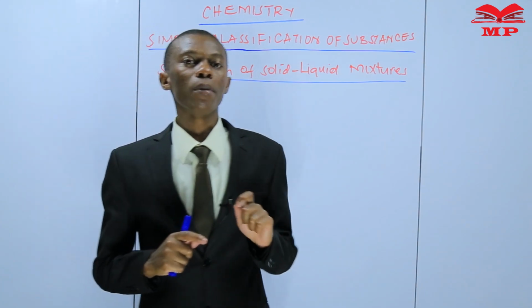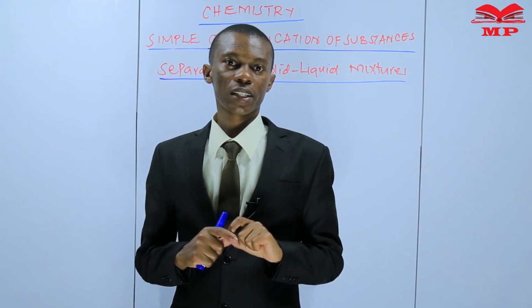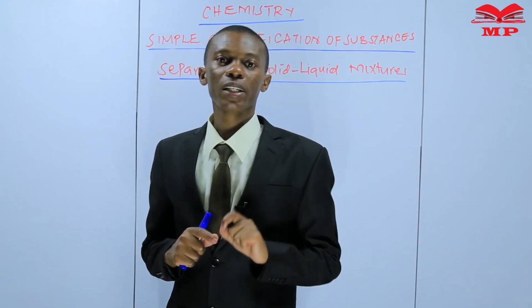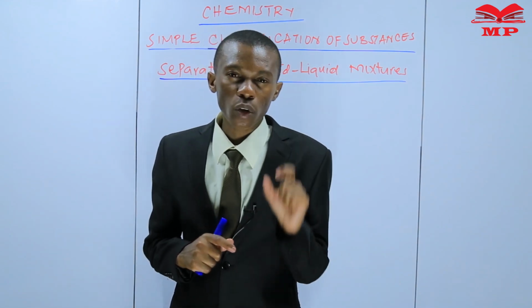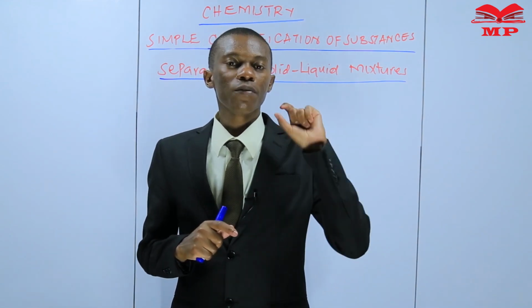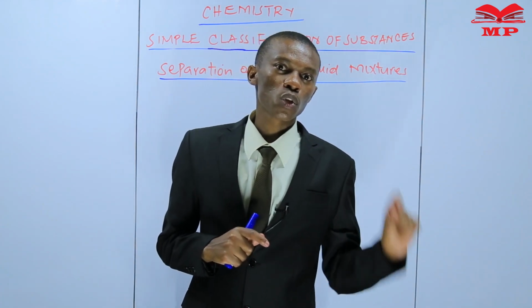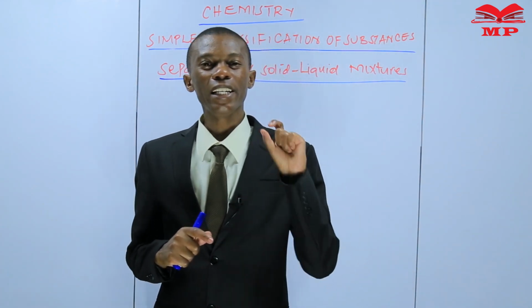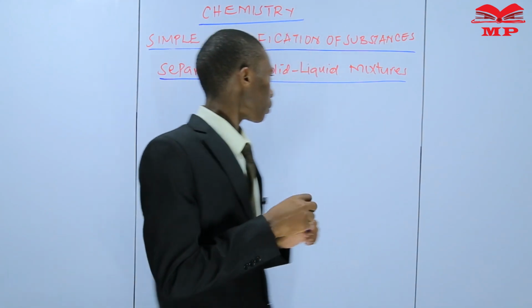If you remember, when we were looking at types of mixtures, solid-liquid mixture was one of them. We say that this solid-liquid mixture can further be categorized into soluble solid-liquid mixture and insoluble solid-liquid mixture.